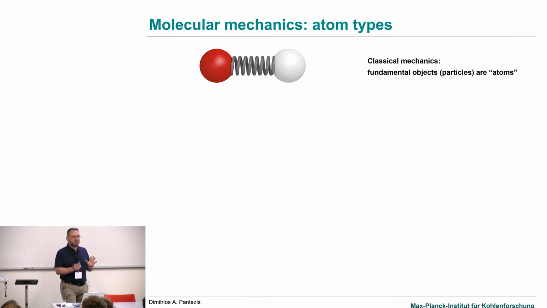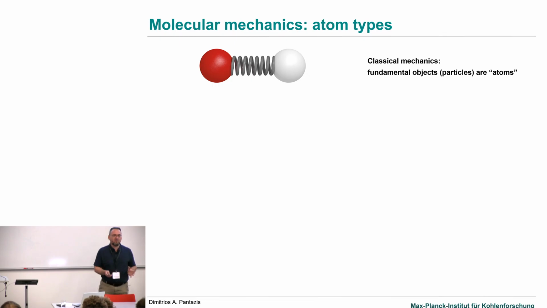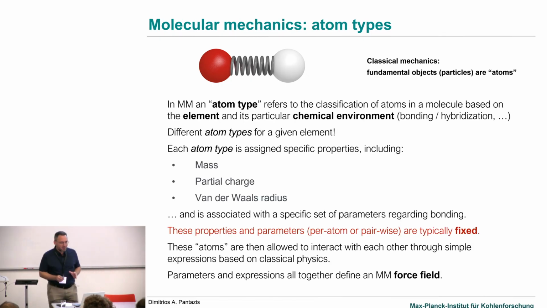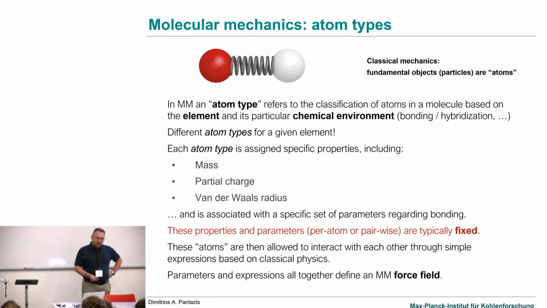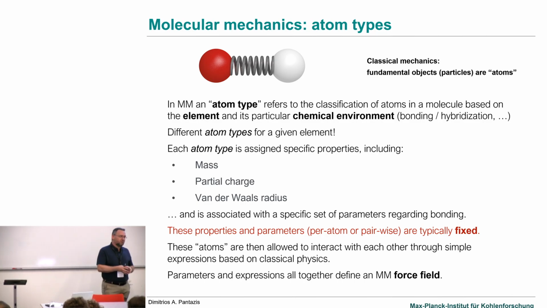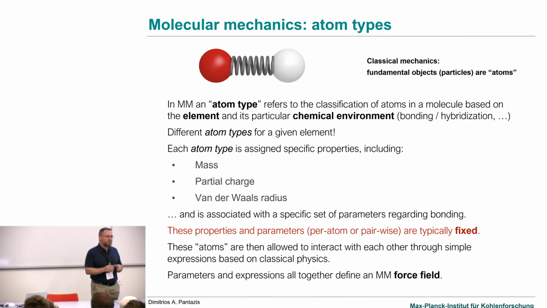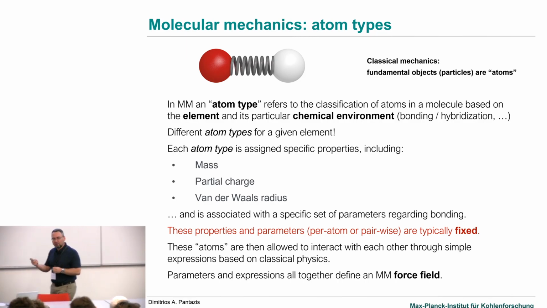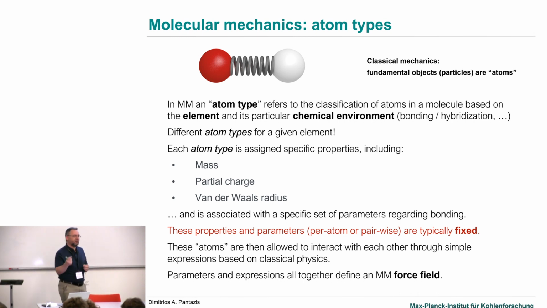Now think about this. These are not the quantum particles, so we're not talking about nuclei and electrons, we're talking about something called an atom. And then these atoms interact somehow. So in molecular mechanics, because we have atoms and we need to describe a molecule composed of atoms, if we think about a carbon atom, it's not a unique thing. A carbon in an aromatic ring is different from the carbon in methane.